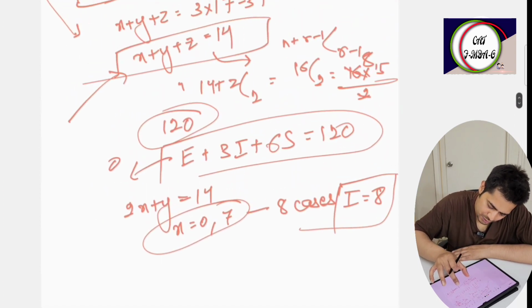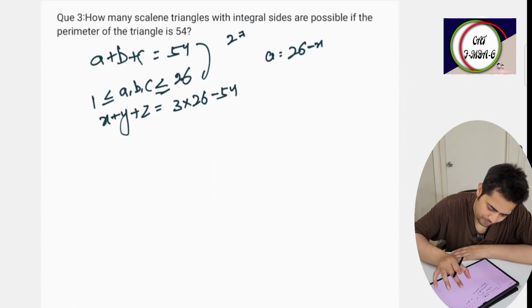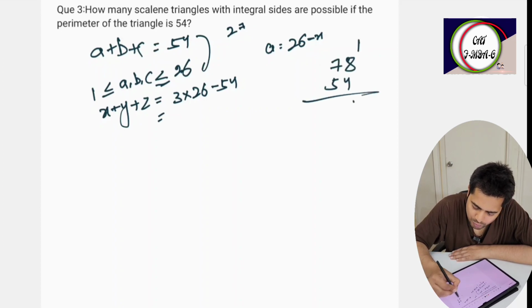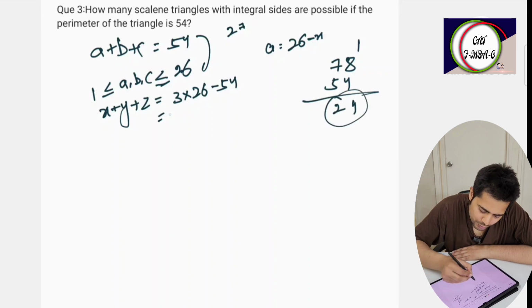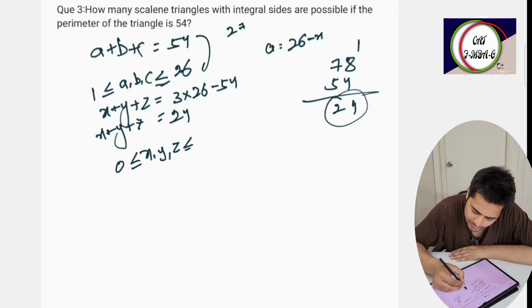Let me cross verify again the last question, whether I have done it right here. So 3 into 26 is 78, 78 minus 54 is 24. So x plus y plus z is equal to 24, and x, y, z values lie between 0 and 25, since 26 minus x is equal to 1, so x is equal to 25.